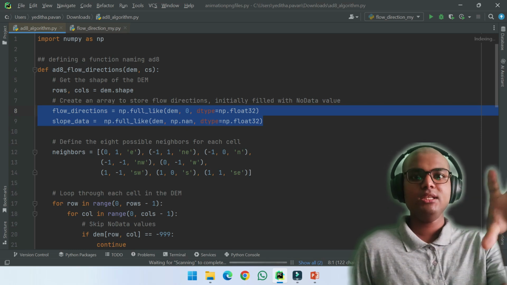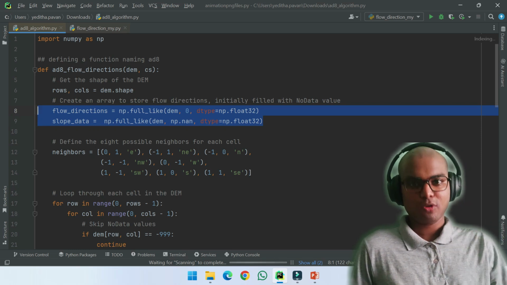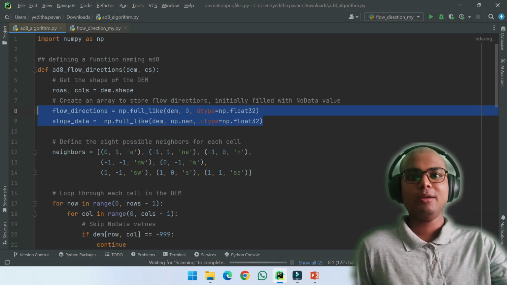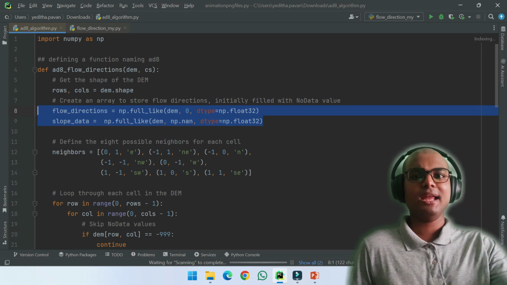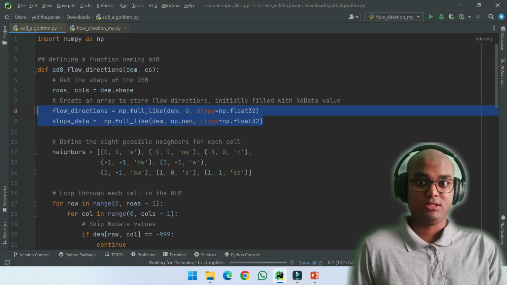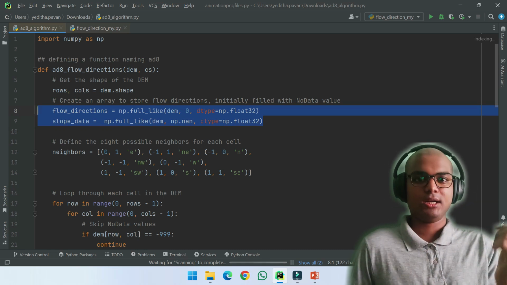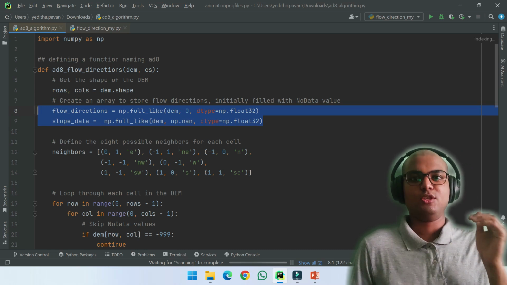So I'm using the DEM shape as the reference, and I'm creating flow directions and slope as you see here, because I'll calculate both, and based on the maximum slope itself, because sometimes the elevation difference might be the same for the two cells but the slope might be different. So wherever there is a steep slope, the water will flow in that direction. That is the reason why I am calculating the slope here as well.